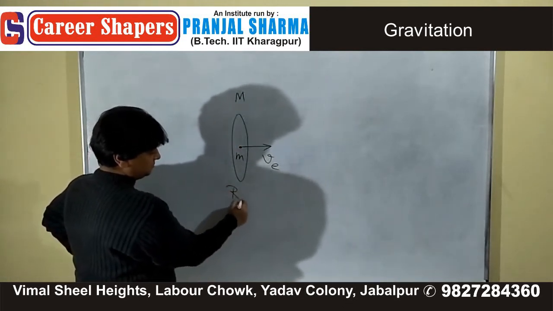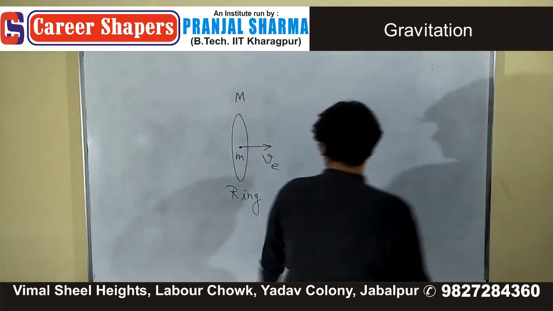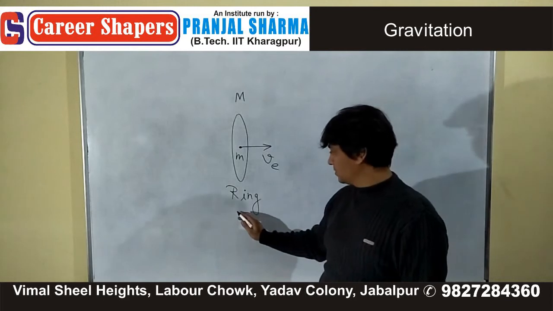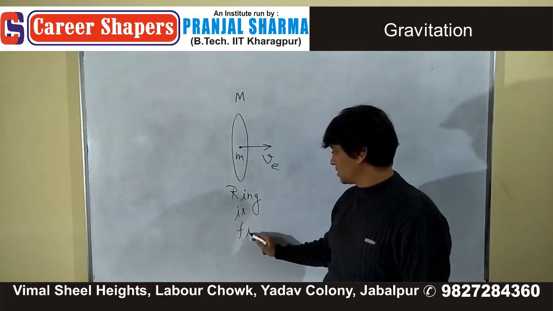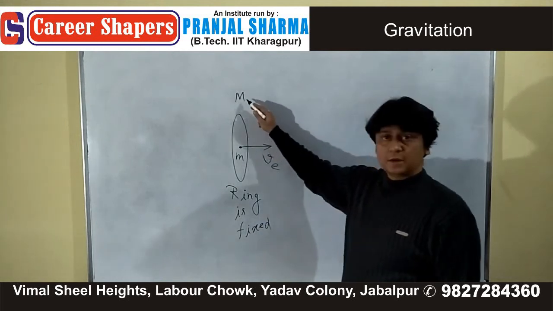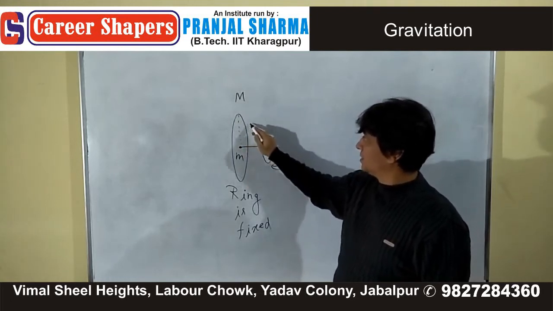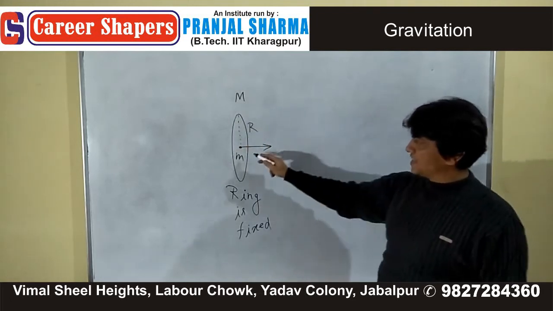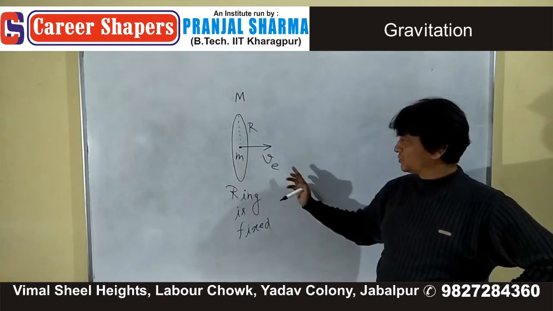This ring is fixed, it doesn't move. Ring is fixed, its radius is r. From its center, you throw an object, a point mass with speed v.